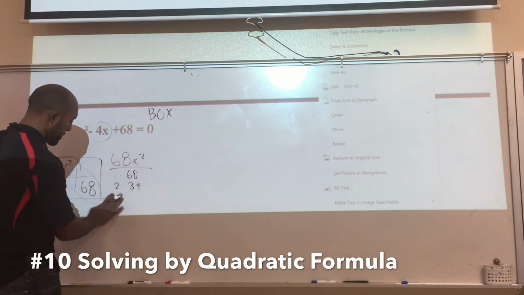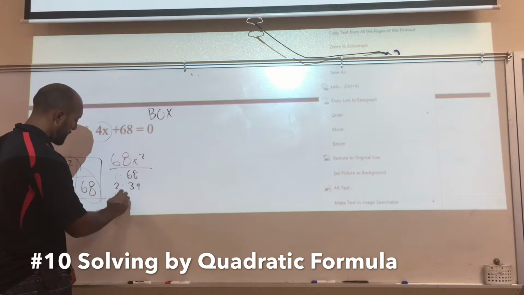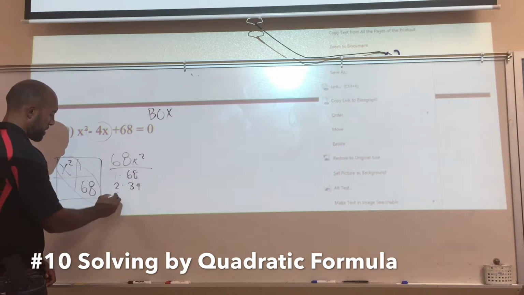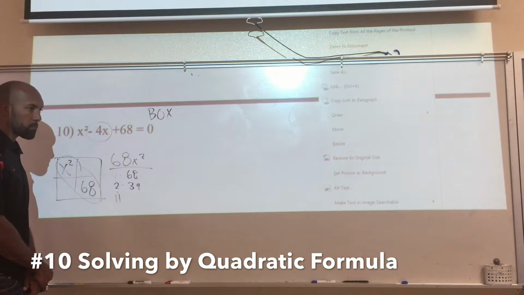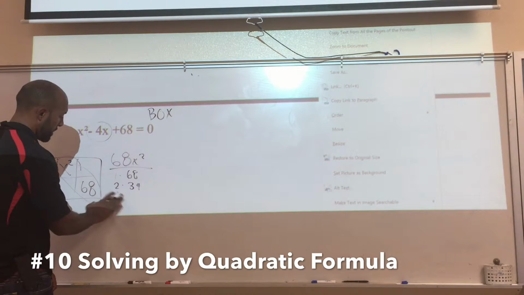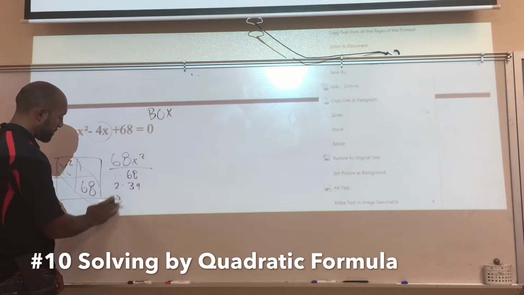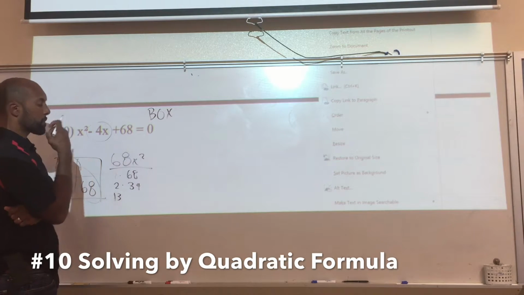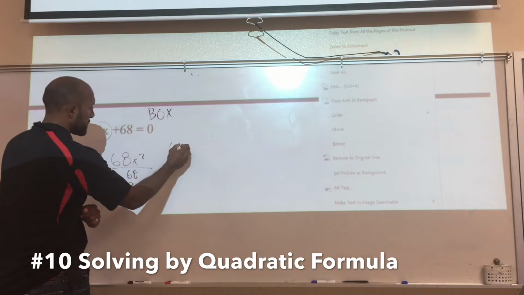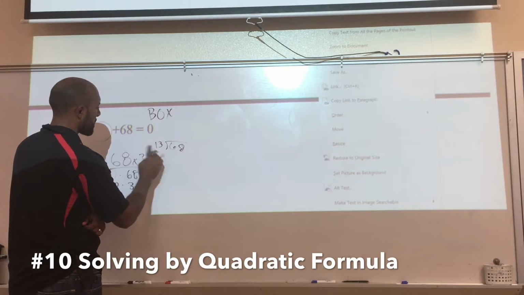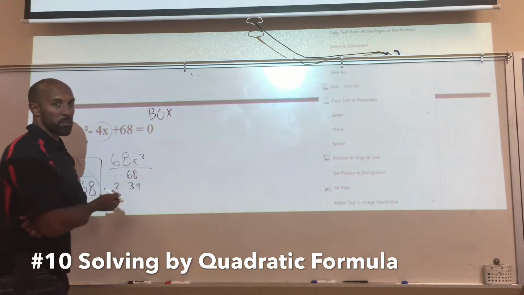No, 8 doesn't work either. 9 doesn't work, 10 doesn't work, 11. This is a hard one. This is something you kind of have to think about for a little while. 12, no. 13, let's see, 68 divided by 13. No, that doesn't work either.